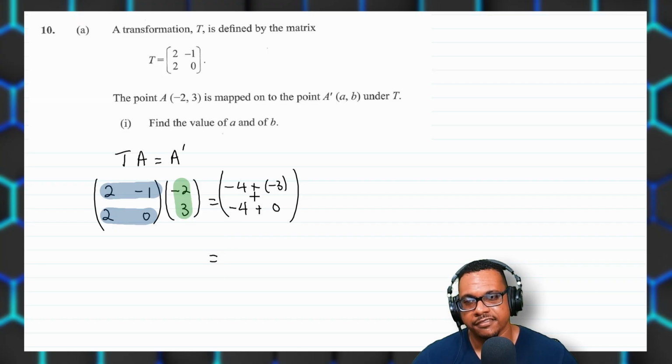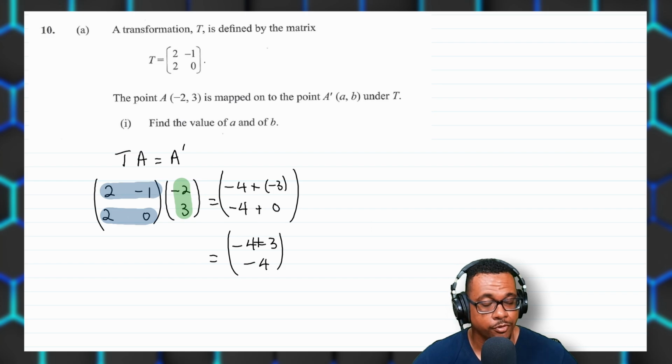So we have -4, and a positive times a negative gives a negative sign, so you get -4 take away 3. And -4 plus 0 is just -4. Here I'll add and keep the negative sign, so 4 plus 3 is 7. So that's -7 and -4.